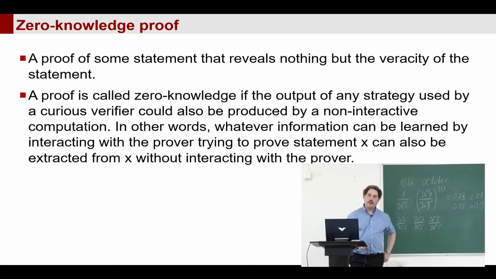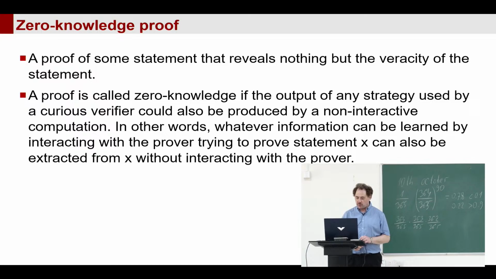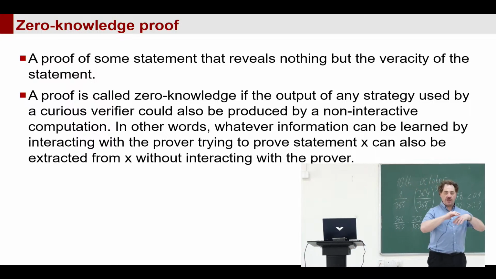Formally speaking, a proof is called zero knowledge if the output of any strategy used by a curious verifier could also be produced by a non-interactive calculation. In other words, whatever information can be learned by interacting, where I'm a verifier asking the prover a lot of questions, can also be extracted from the initial information without any interaction.